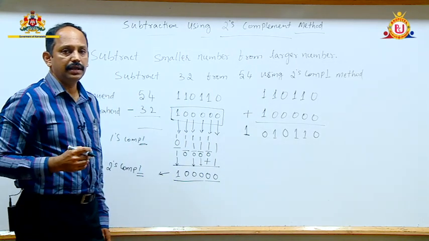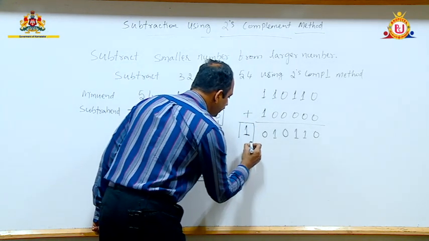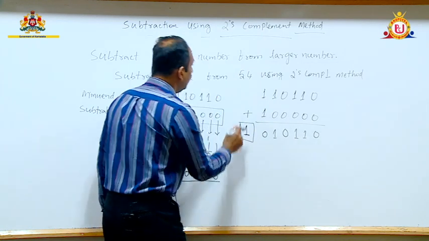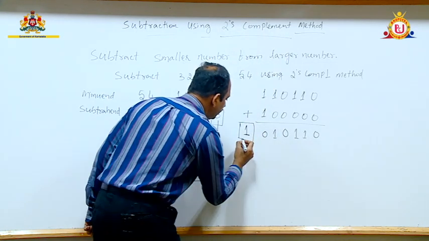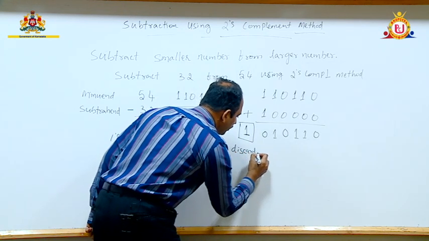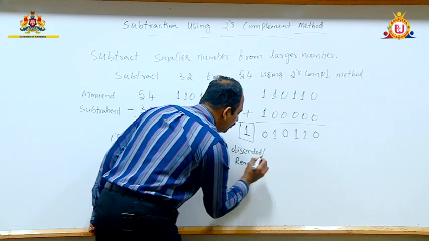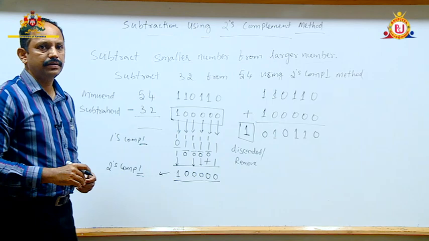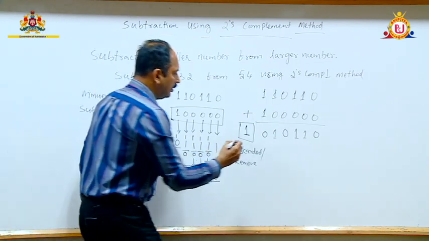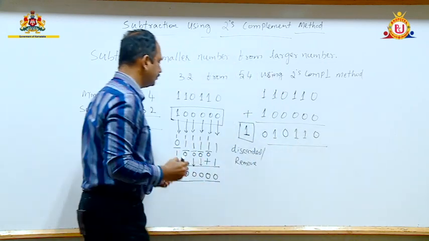We are getting an end carry here as 1, and this end carry in a 2's complement method should be discarded. Discard means remove, don't take it. So the final result is 1, 0, 1, 1, 0.